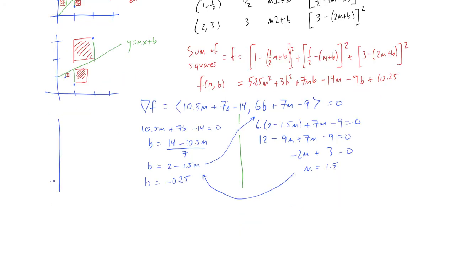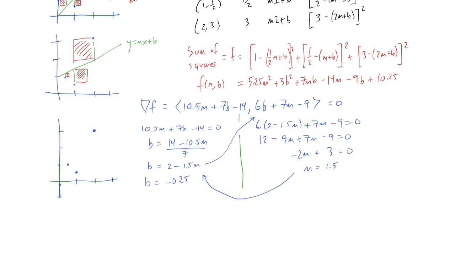Okay, so let's draw this least squares line. So we have (1/2, 1), (1, 1/2), and (2, 3). And it has slope of 1.5 and intercept of negative 1/4.